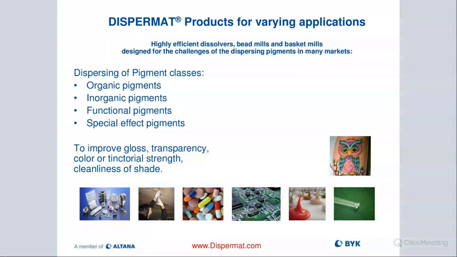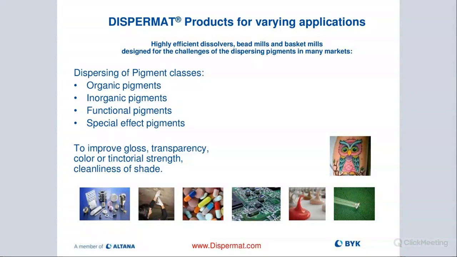So basically, Dispermats are used for many, many different applications, but it was really born out of the coatings world and basically dispersing of pigments. There we differentiate between organic, inorganic, or functional pigments, and then obviously special effect pigments, metallics, silver flakes, and so on that can be dispersed, but with more caution because you don't want to destroy these pigments and maintain the original shape.